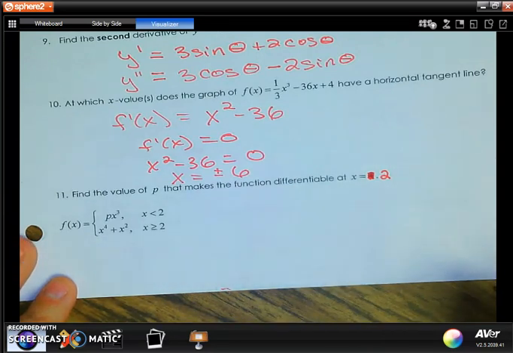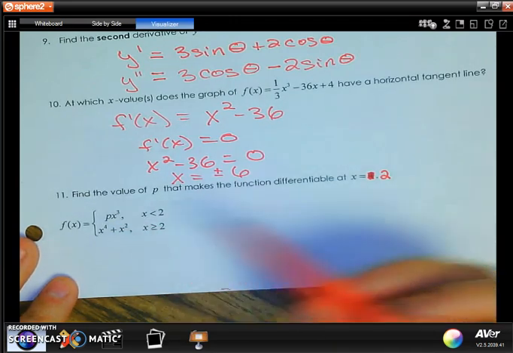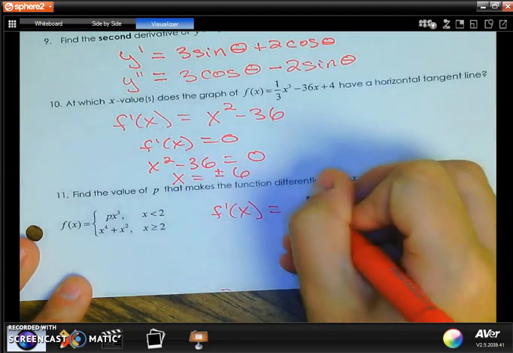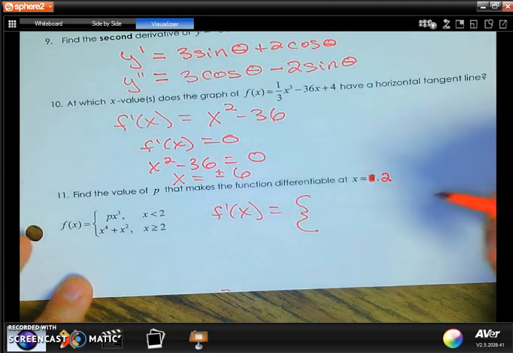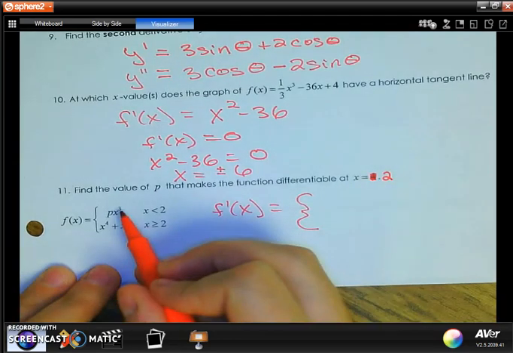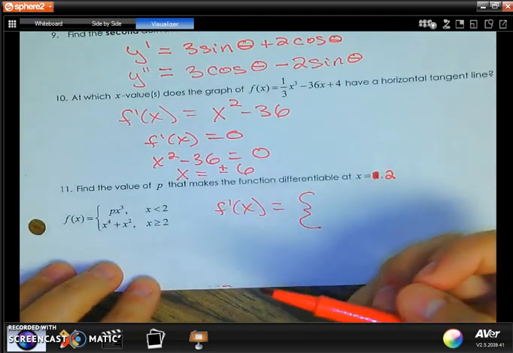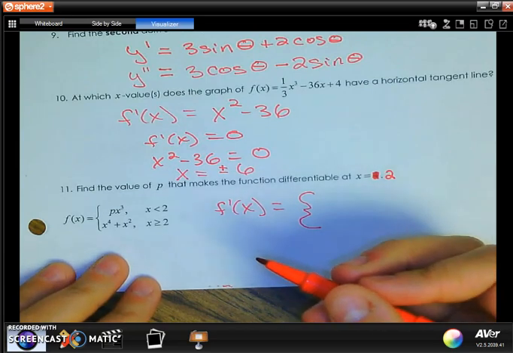Okay, so very similar to when we're finding continuity, you can figure out where a function is differentiable. So we need to take the derivative of each part of this. Okay, so I'm going to say f prime equals, and then I just kind of keep it in that same notation, keeps things straight. So I take the derivative here, keeping in mind that p is just, you're going to treat it just like a constant, right?